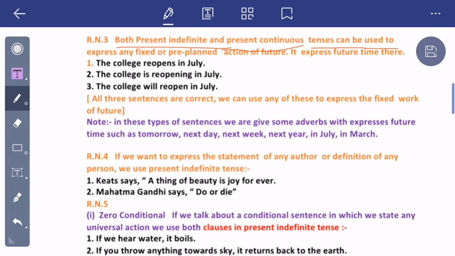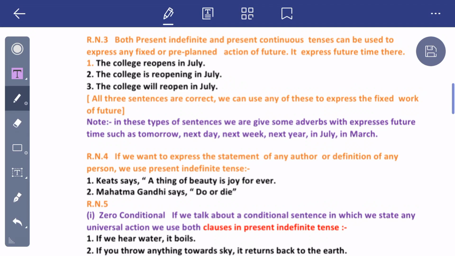It means we can use present indefinite and present continuous, both, to express any fixed or pre-planned action of future. It expresses future time there. We can use them to express any action which is fixed, which is pre-planned for the future.